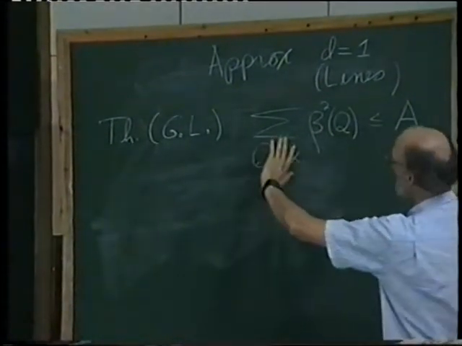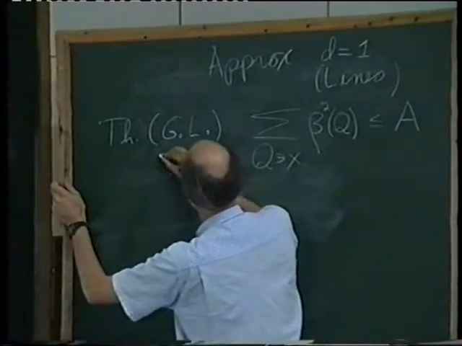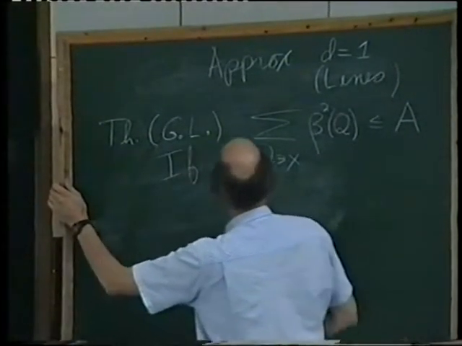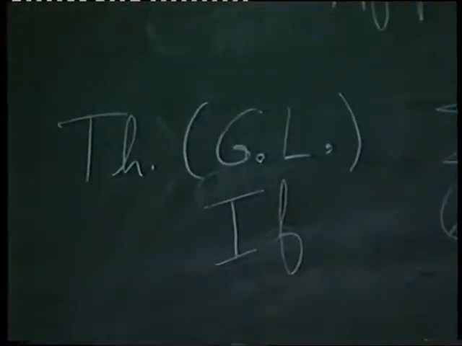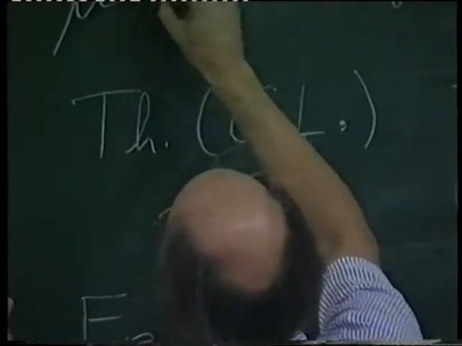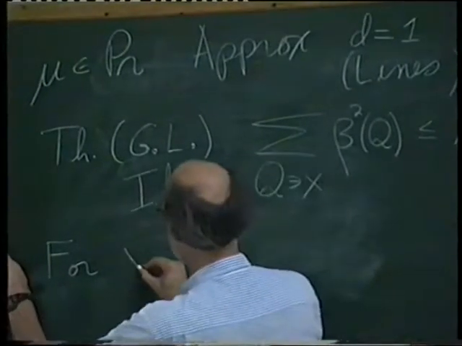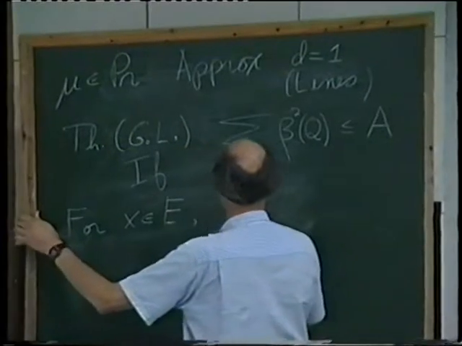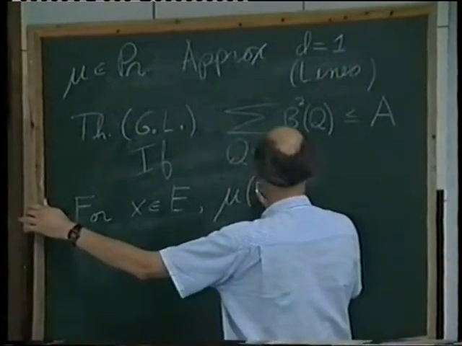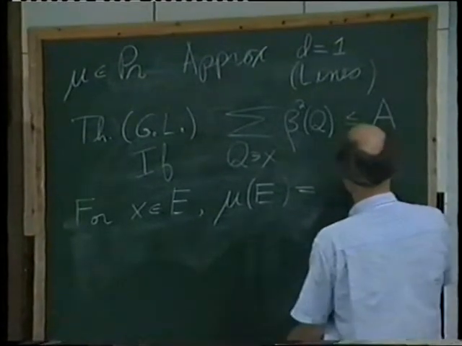And if you're in the following situation, so let me rewrite it this way. If this happens for x in some set E, so we're given a probability measure here, with measure of E equals some number delta.